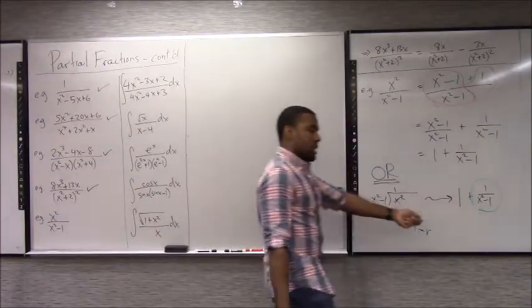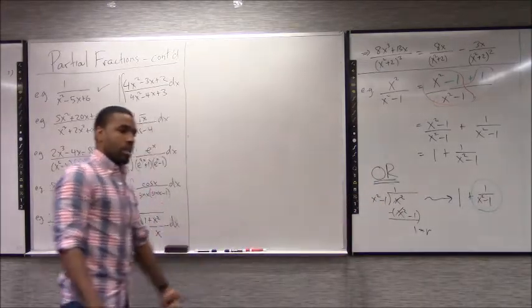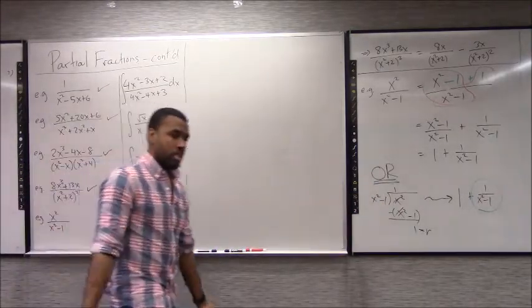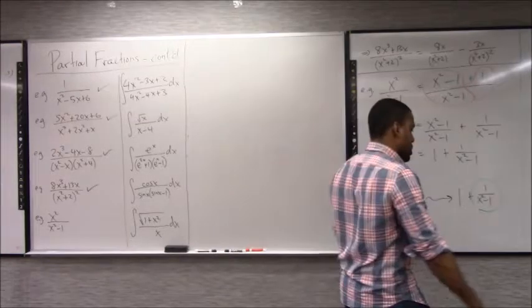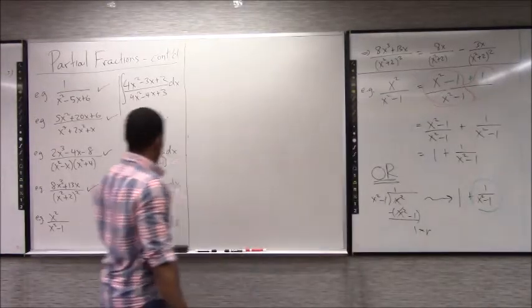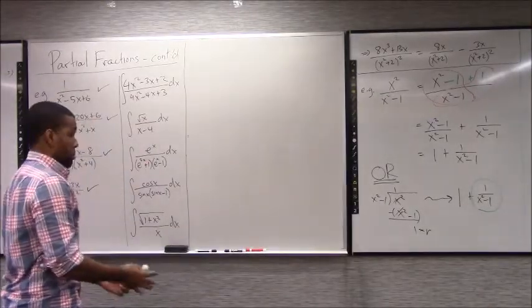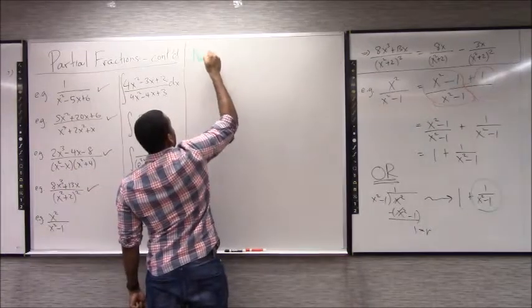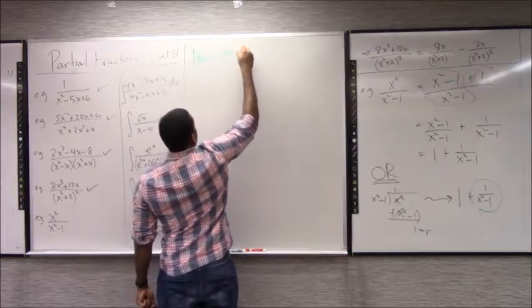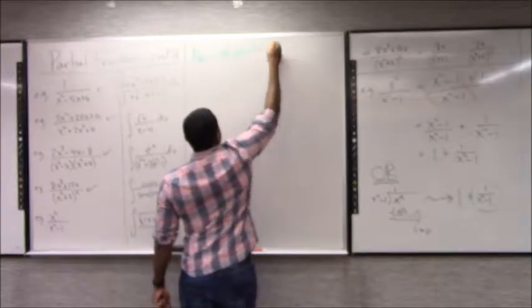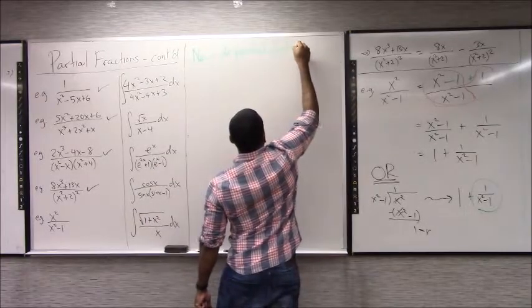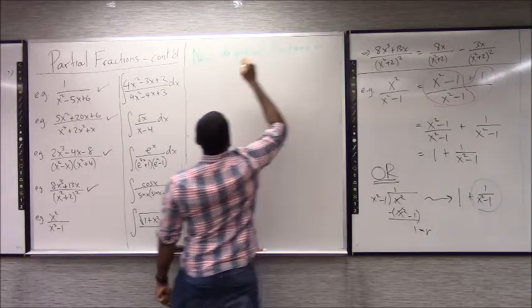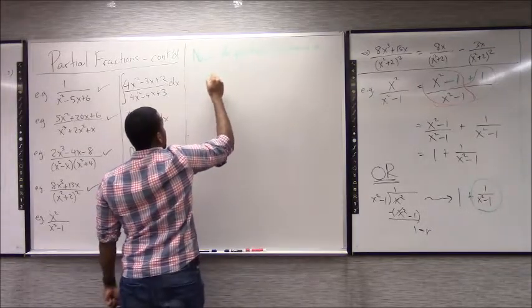Now there are functions that we could use to integrate 1 over x squared minus 1, but let's just say we want to stick to partial fractions, right? So now, do partial fractions on 1 over x squared minus 1.